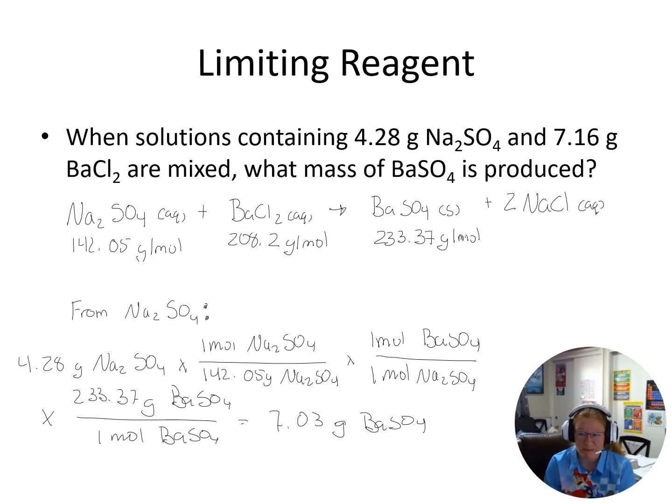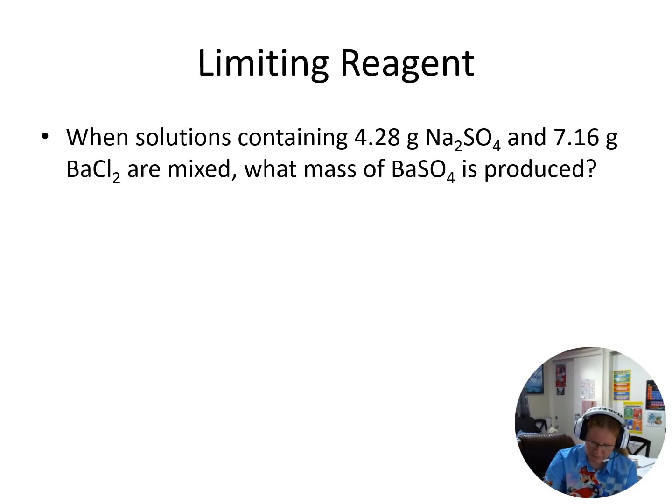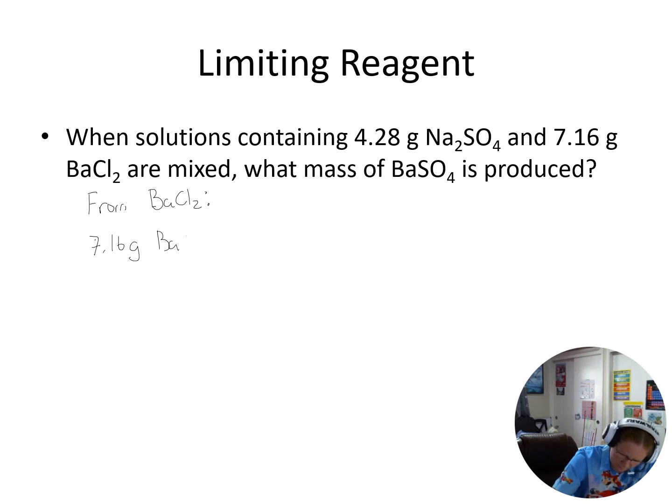But before we can say definitively how much barium sulfate can be produced, we also have to check how much we could produce from that 7.16 grams of barium chloride. All right, so let's give that a shot. So we started off with 7.16. Convert to moles. That was the 208.2.